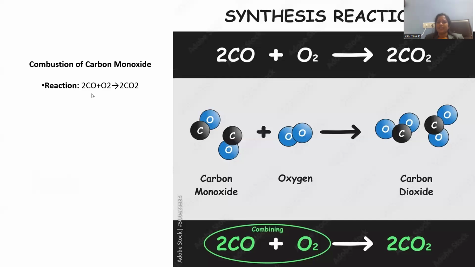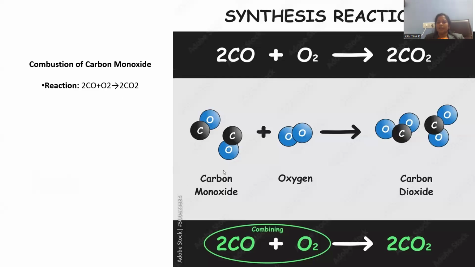That's the reason why the severity of symptoms whenever carbon monoxide is inhaled will be acute in comparison to carbon dioxide. This is the reason why carbon monoxide is oxidized completely by mixing with oxygen, so that carbon monoxide turns into carbon dioxide. This is another combustion process, right?